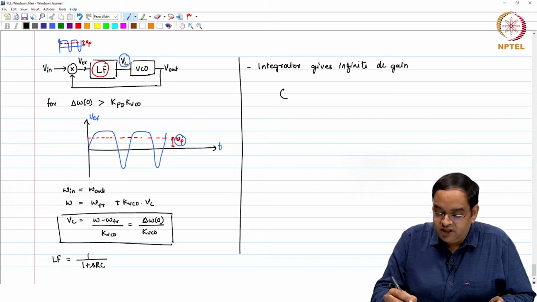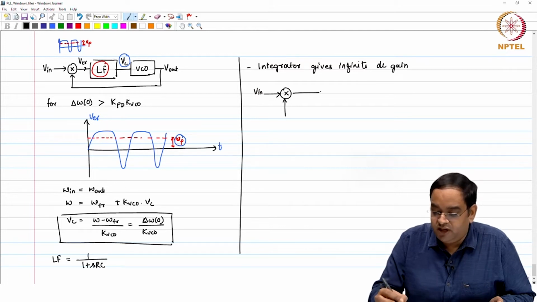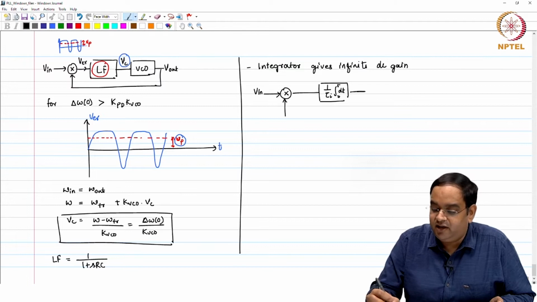So, we change our PLL from the previous one to the one where we integrate the error voltage. Whatever is coming, you just integrate it and pass it to the VCO.